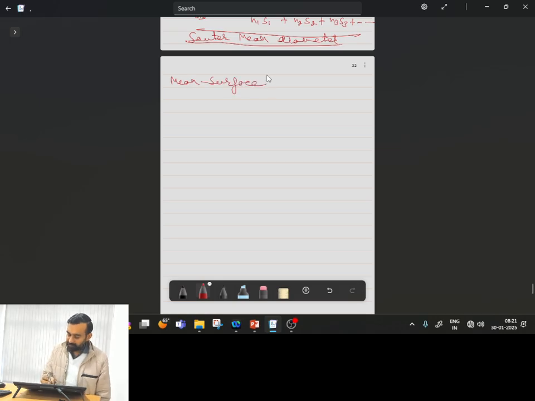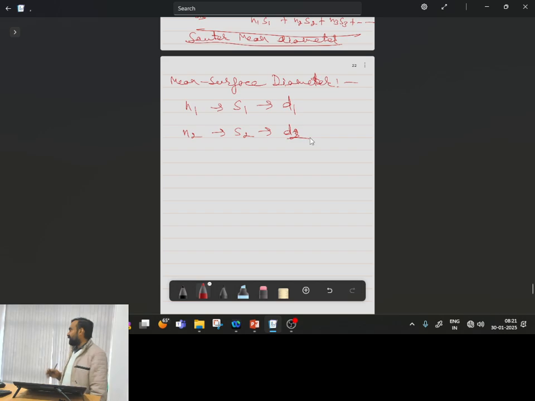Now you have to understand the difference. Mean surface diameter. Again the situation is identical. I have N1 particles of surface area S1 having size D1, N2 particles having surface area S2 but size D2.